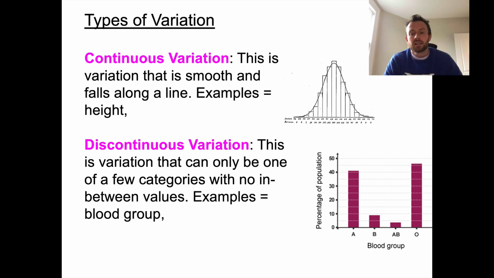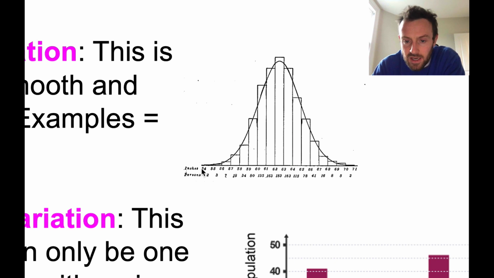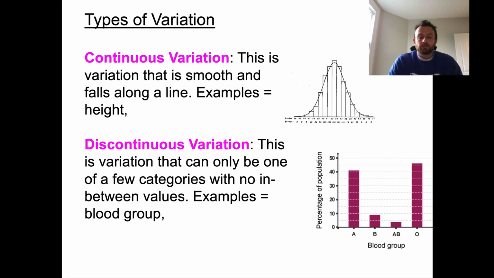So this means that some feature, for example, height, can take any value along a range and any intermediate value. So for example, this graph here shows height in inches, so you could be 61 or 61 and a half or 67 and a half, 71.5, etc. Any value along a range.